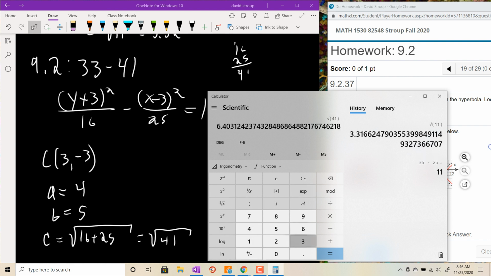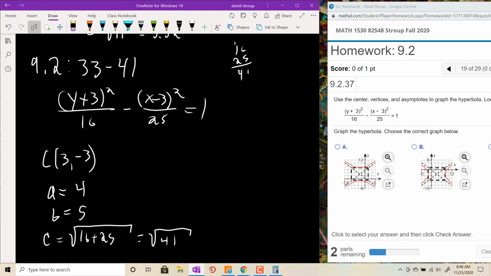Square root of 41 is 6.4-ish. So where are we?